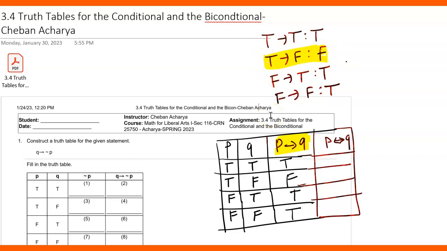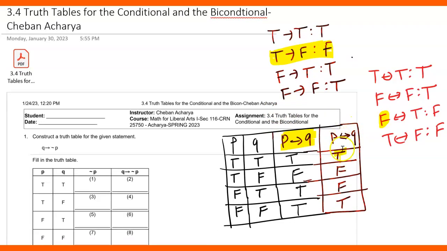For the biconditional, the double arrow: T double arrow T is T over here, T double arrow F is F over here, F double arrow T is F over here, F double arrow F is T over here.